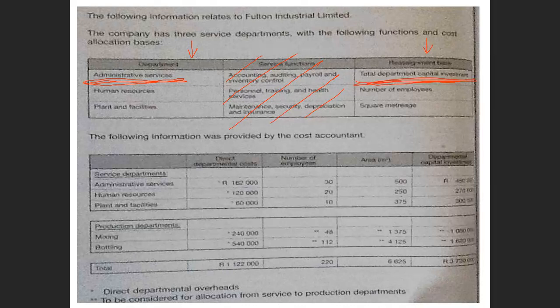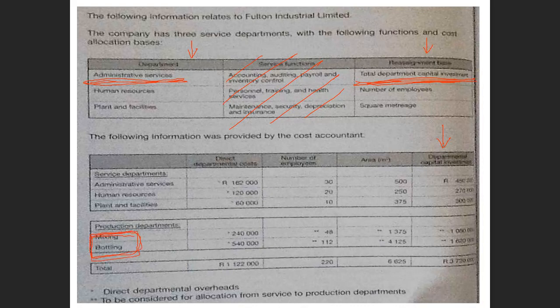So in the table at the bottom now, we'll go to total departmental capital. And because we are only splitting this money between mixing and bottling, we're going to identify which figures are applicable to the mixing and bottling departments.